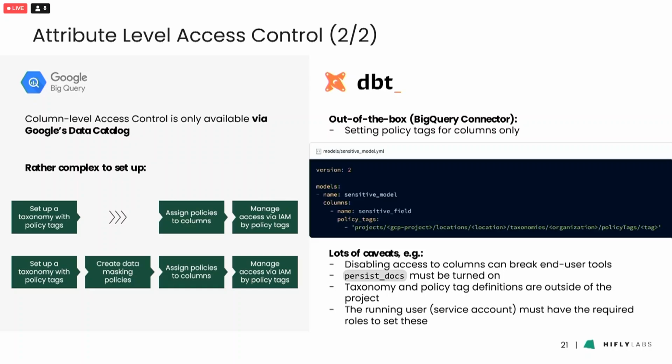You can set policy tags for columns that's built in, although you still have to define the policy tags out of bounds. I mean, out of the project. So this is half-hearted.